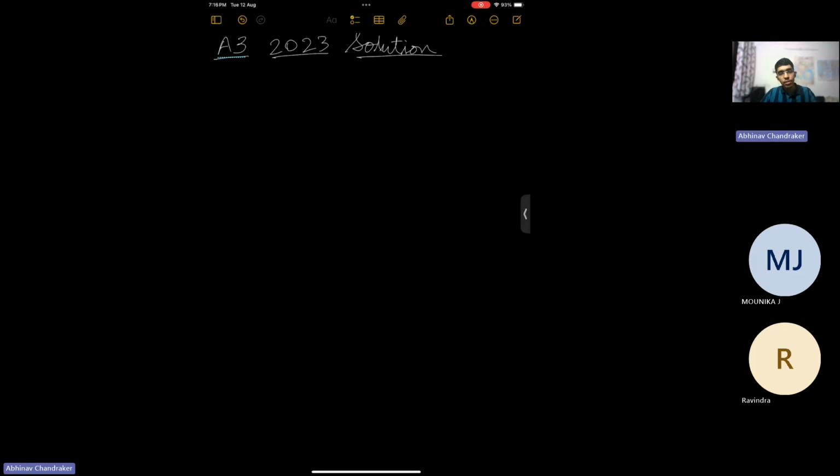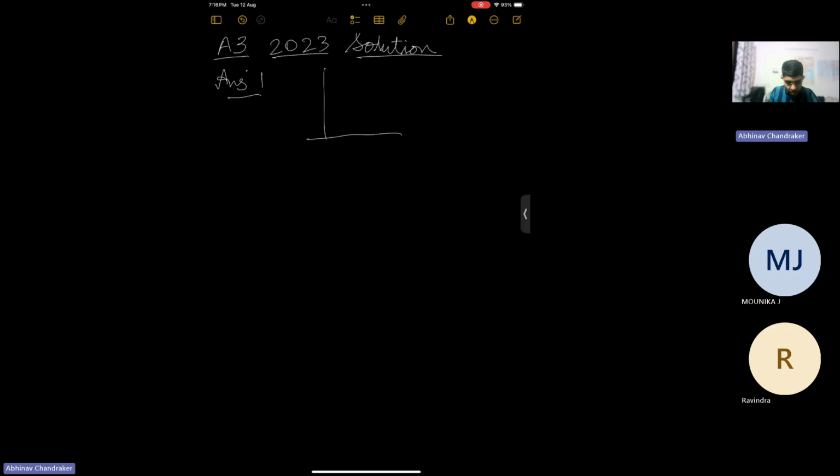The first question is, for a completely adiabatic loading process, the elastic energy dissipated is. So it's a completely adiabatic loading process.